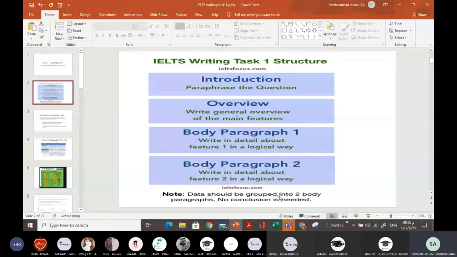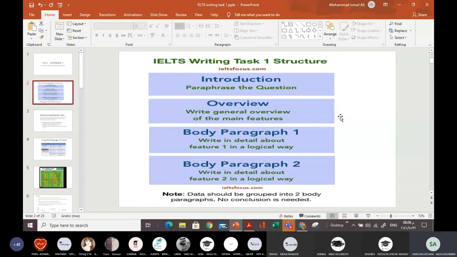Okay, do you understand me? We are going to write a conclusion, but it is different from the conclusion in our other writing. It means we are not going to add my opinion, I suggest, I advise you. To sum up, for example, to conclude, in conclusion, you are not going to write these things. Is it clear now?